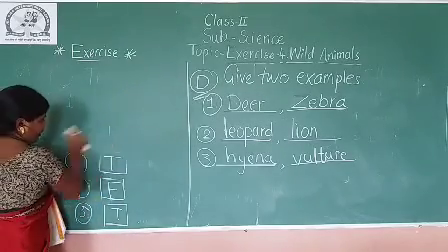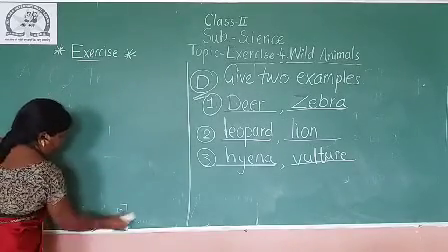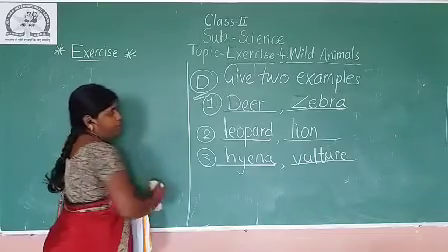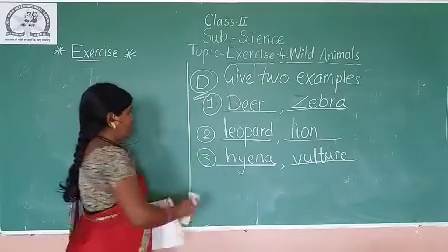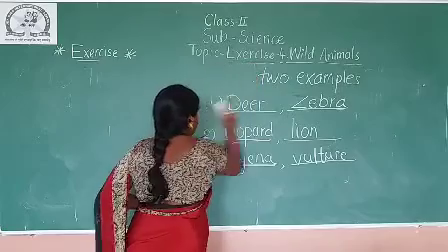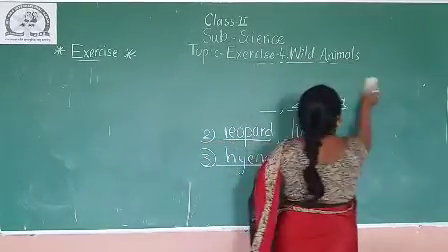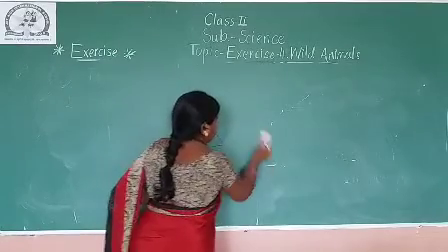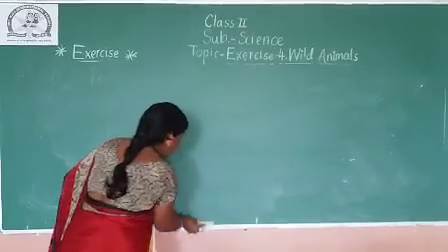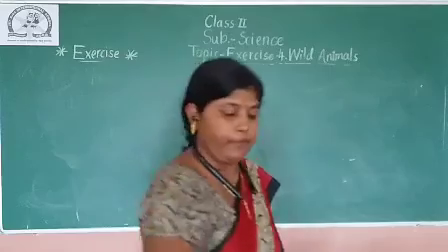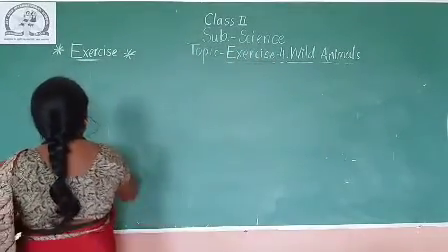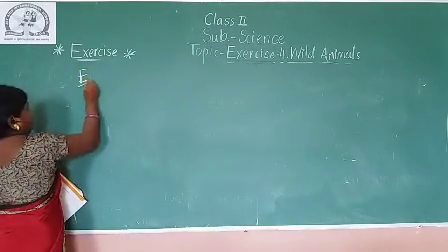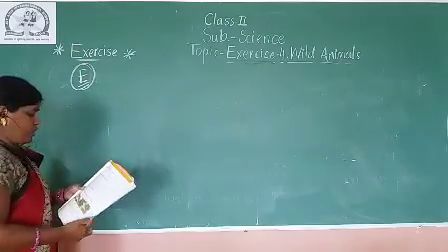You can take a screenshot of these answers also. Lesson number 4, wild animals, is a very easy lesson. So exercise E means question and answer.